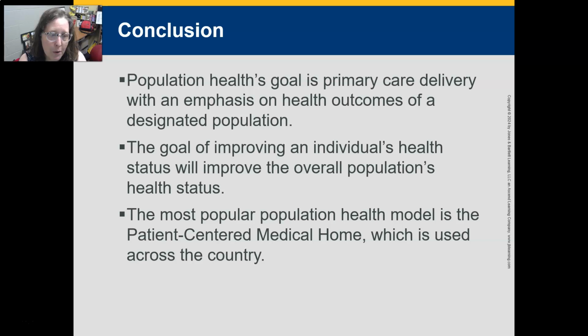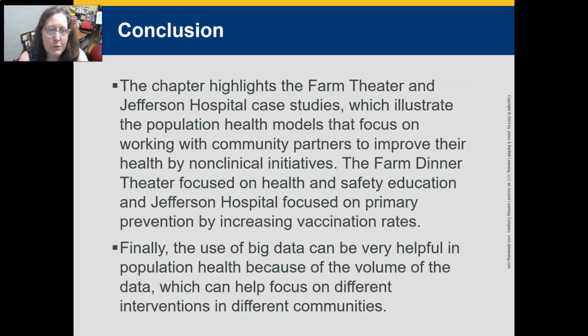The most popular population health model is a patient-centered medical home, which is used across the country in primary care settings. The chapter also highlights the farm dinner theater and the Jefferson Hospital case studies, which illustrate the population health models that focus on working with community partners to improve their health by non-clinical initiatives.